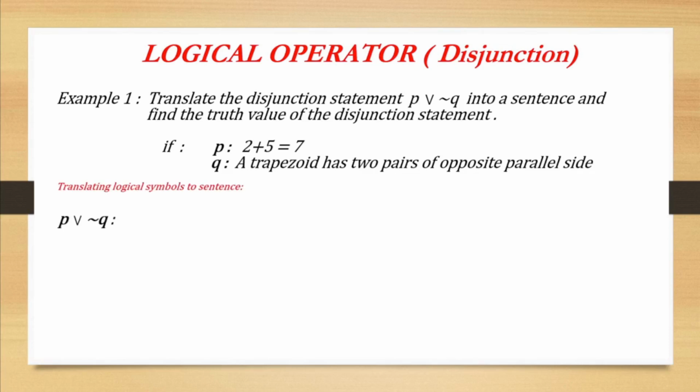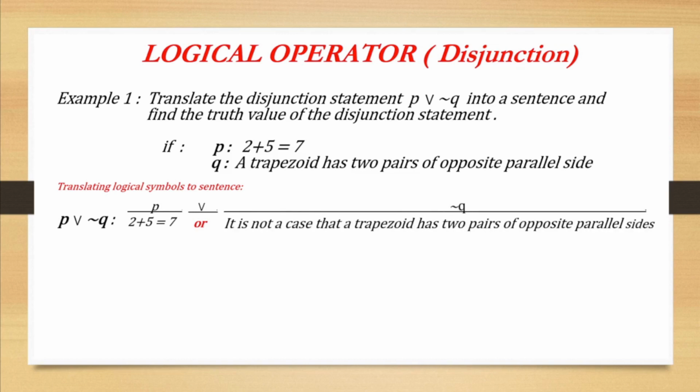So this is our logical symbol P or negation Q. The proposition P will be replaced by the statement 2 plus 5 is equal to 7, and the symbol inverse caret will be replaced by the word or, and the negation Q will be replaced by the statement it is not the case that a trapezoid has two pairs of opposite parallel sides.